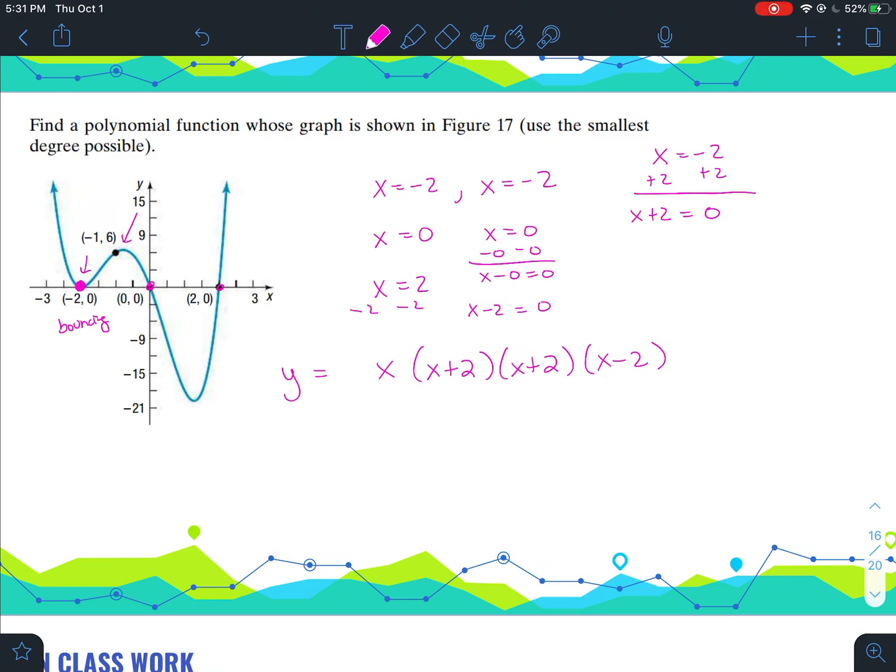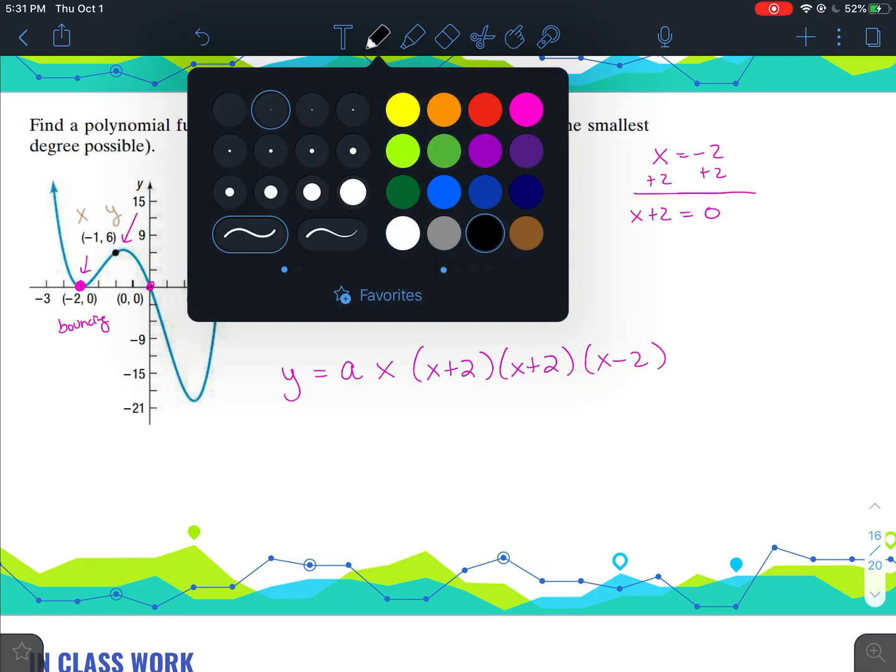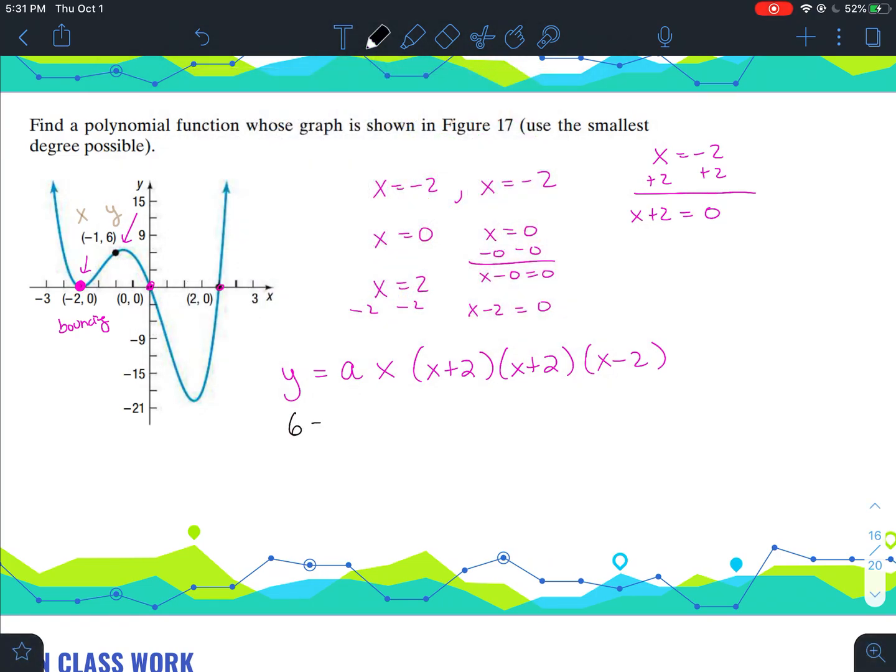Now, we also have this point right here. They're giving us a last point, so we're going to put an a out in front so we can solve for that a. I know the point negative 1, 6 also has to pass through this polynomial. So I can plug in negative 1 for x and 6 for y. This is going to be 6 equals a times negative 1 times negative 1 plus 2 times negative 1 plus 2 times negative 1 minus 2.